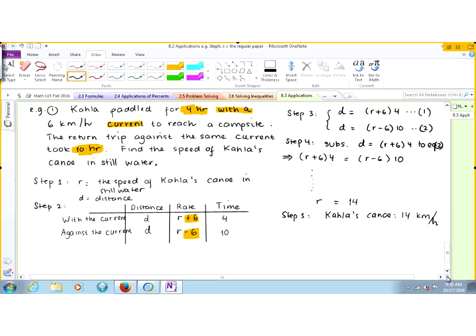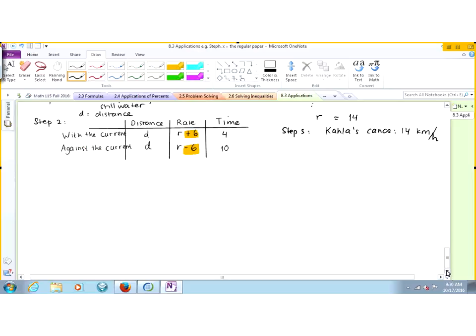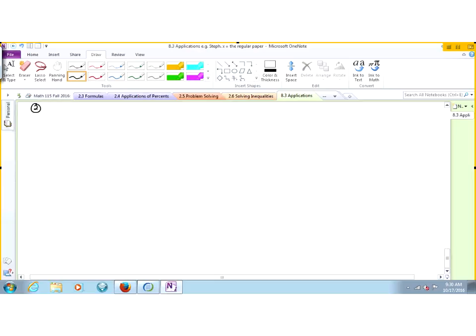So number 2. A train leaves Danville Union and travels north at a speed of 75 kilometers per hour.